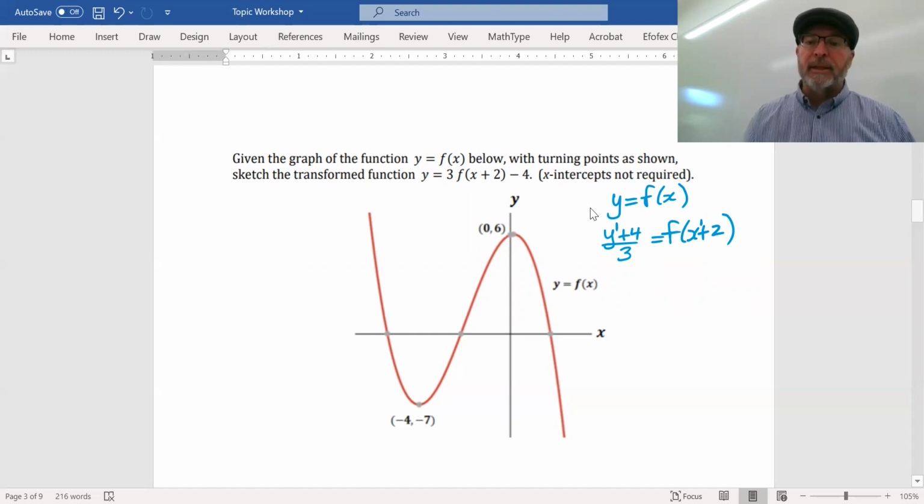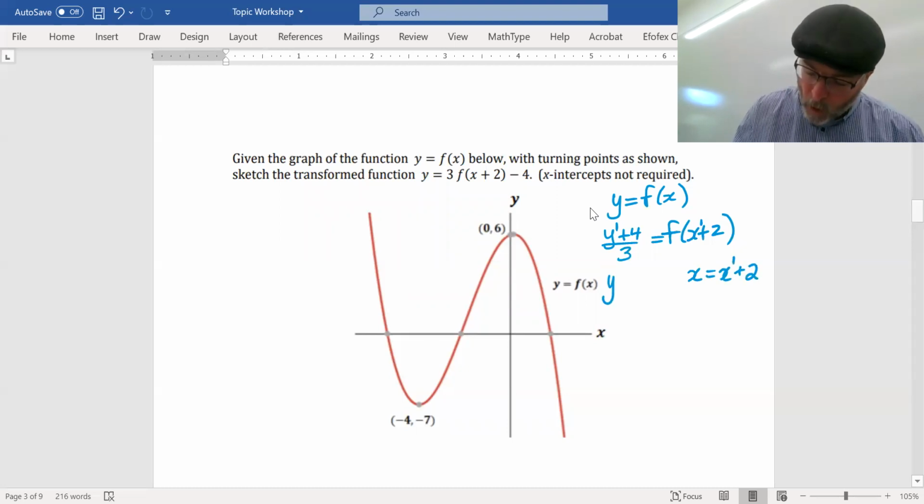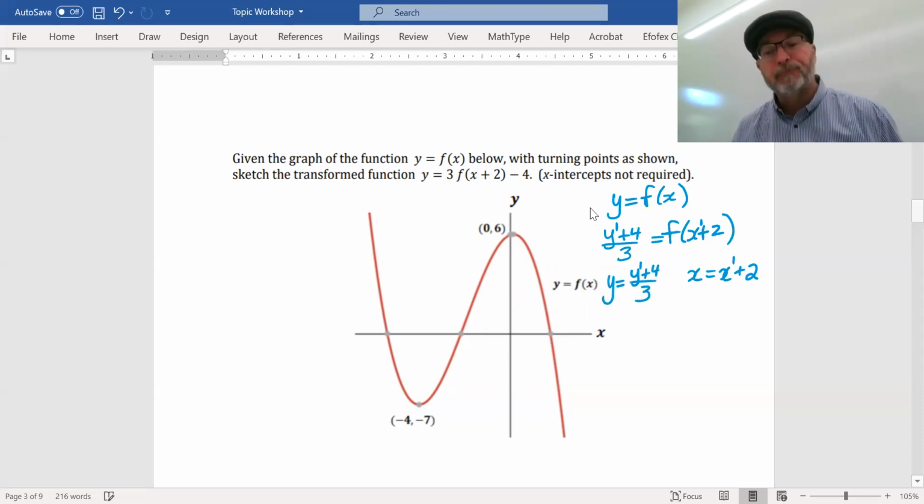Now, because they're in the same format, I can say x on the right there, x has become x prime plus 2, and y is equal to (y prime plus 4) on 3. And then I'm able to make x prime and y prime the subject, because I'm wanting to work with some points here. I want to move some of these points around, see where their images end up.